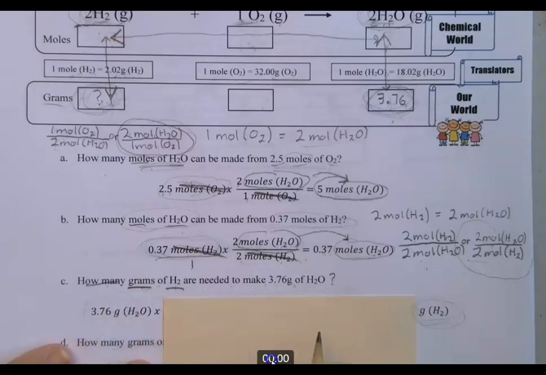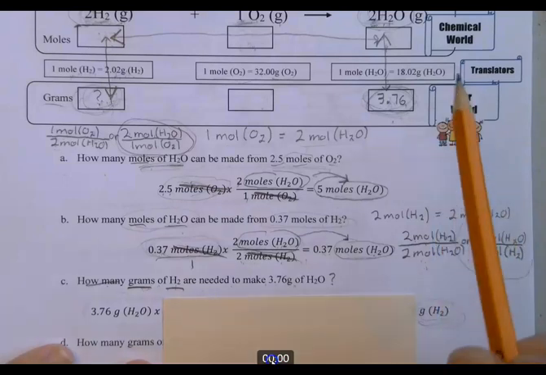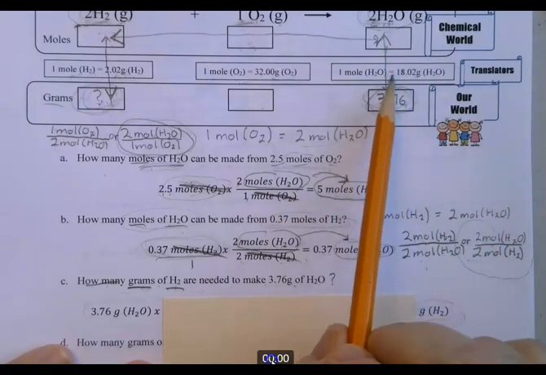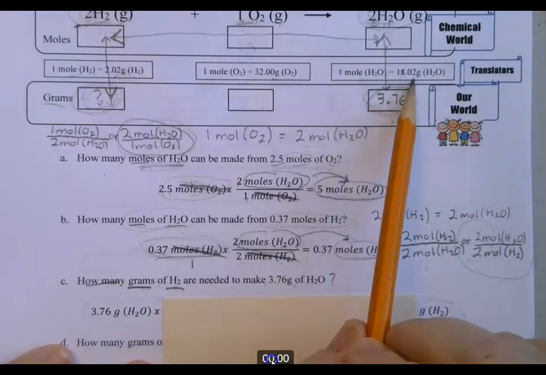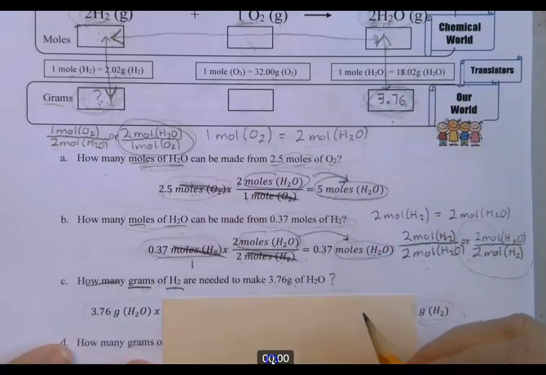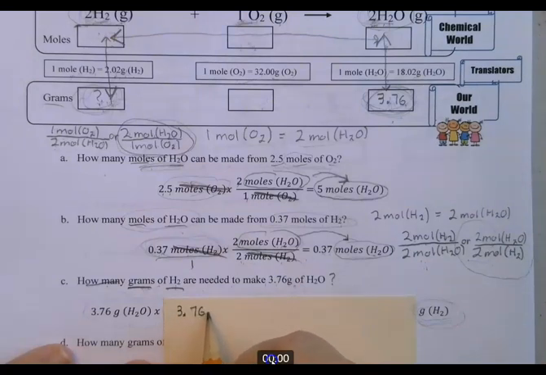And then in between, you're going to fill that in with conversions, okay? And I'm going to write the conversions on this card. So the first one we need is to convert from grams of H2O to moles of H2O, and there's our translator right there. There's 1 mole of H2O for every 18.02 grams of H2O. So that means I can make 2 ratios out of that. I want to say that I have 3.76 grams of H2O, and I want to convert that into moles of H2O.